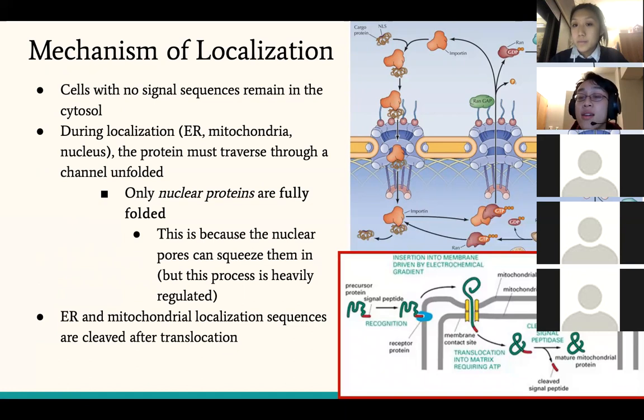Nuclear proteins can enter the nucleus fully folded. Another difference is that after a protein enters the ER or mitochondria, their localization sequences are cleaved because those proteins will essentially never leave those organelles again. But the nuclear localization sequences can't be cleaved because nuclear import and export is a little bit different. We'll get into that later as well.